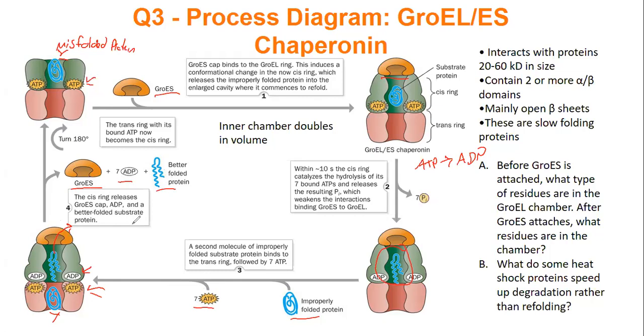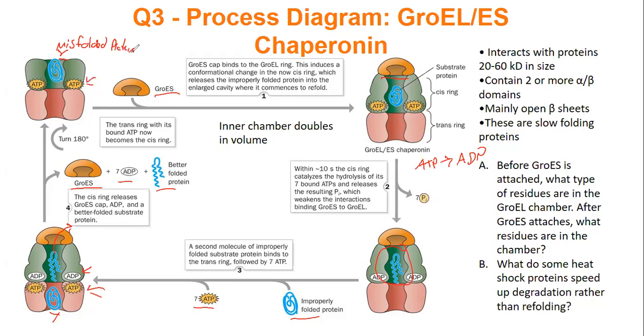Now, this protein might not actually be folded 100%, so it is possible that it will be rebound by another chaperone and try to be refolded. But that's the general process of what's going on.